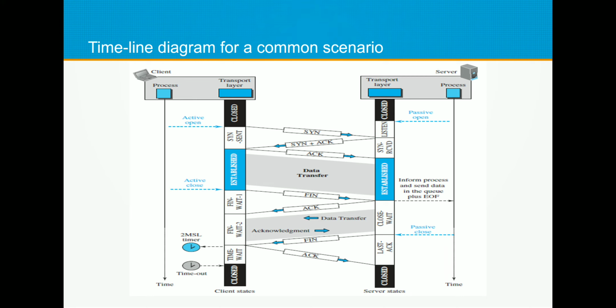So what you see as this box, the transport layer, is the TCP. We see a client side TCP and a server side TCP. Both of them are in the closed state. The black shaded state is the closed state.